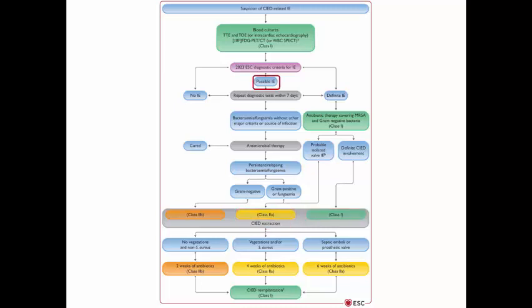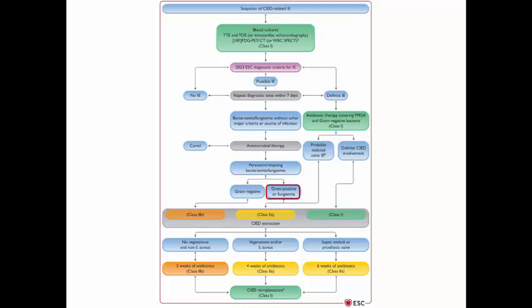If it is just a possible infective endocarditis, you should repeat the echo and the blood cultures within 7 days. If there is no evidence of infective endocarditis, it is a rejected diagnosis. But if there is evidence of bacteremia or fungemia without other major criteria or source of infection, you should start antimicrobial therapy. Either the patient will be cured, or sometimes the patient may have persistent or relapsing bacteremia or fungemia.